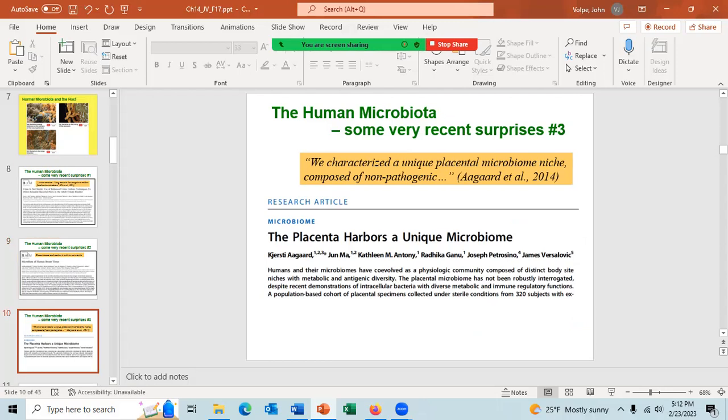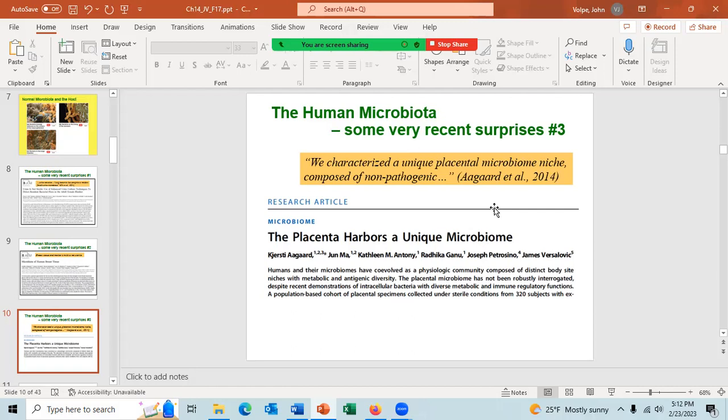The placenta has a normal microbiota. Why this is surprising is that the female reproductive system is open to the outside. So it's not a surprise to me that the placenta has a normal microbiota, but apparently they never looked before. And in about 2014, they did look and they found that the placenta has a unique microbiota.